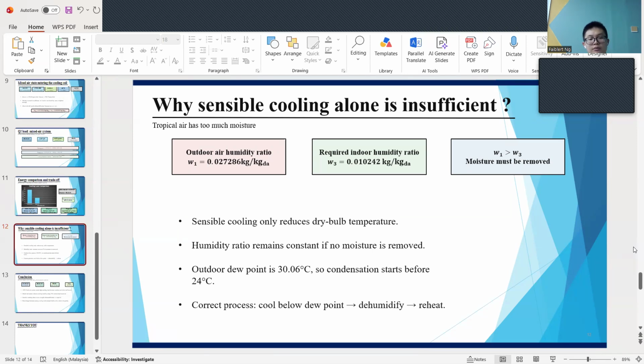This means that the air will still be too humid and cannot meet the indoor comfort condition. The outdoor air dew point is 30.06 Celsius, so condensation starts before the air reaches 24 Celsius. Therefore, the correct process is to cool below the dew point, remove the moisture, and then reheat. This is why cooling, dehumidification, and reheating are all needed. Very important.